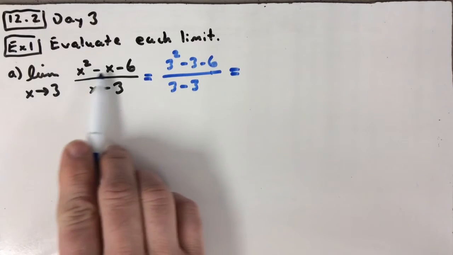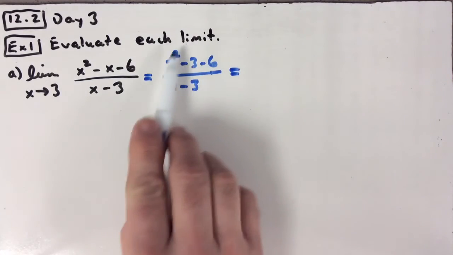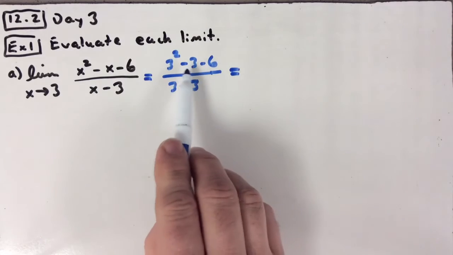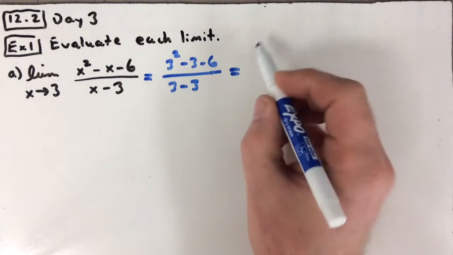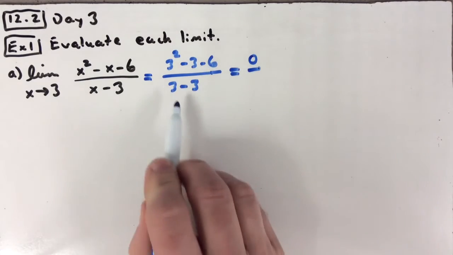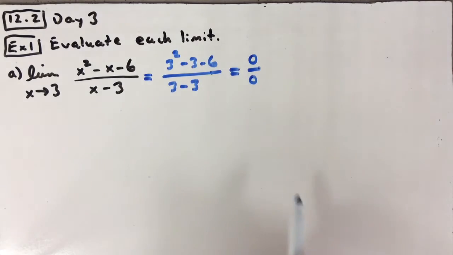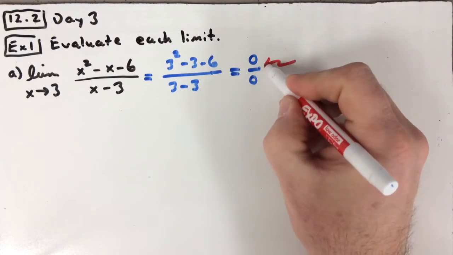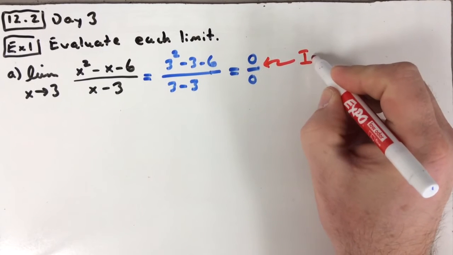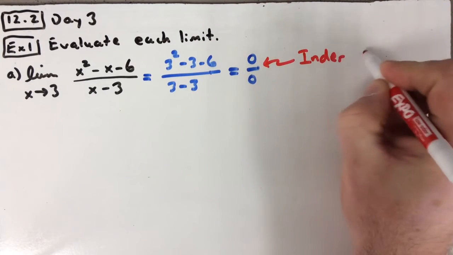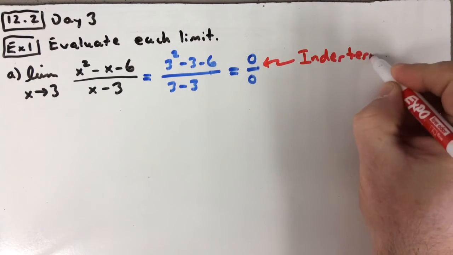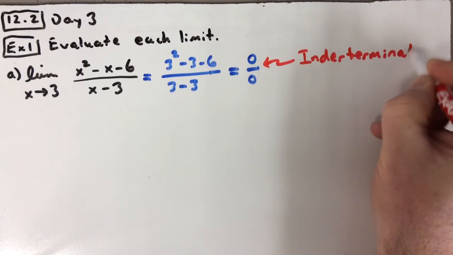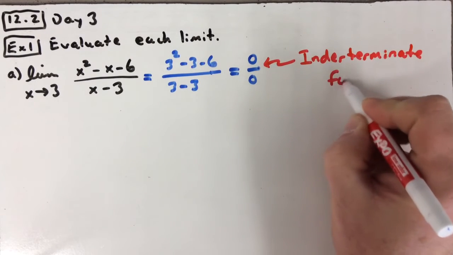On the top we have 3 squared minus 3 minus 6. If we evaluate that, 3 squared is 9, minus 3 is 6, minus 6 is 0. And then on the bottom, 3 minus 3, which is also 0. That fraction, 0 over 0, is something called indeterminate form.